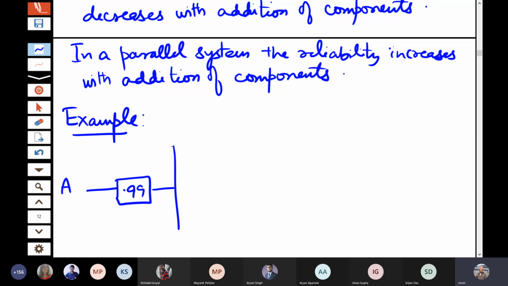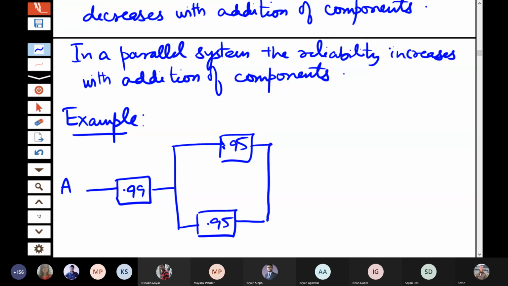Then there are two components connected in parallel, each of them having reliability 0.95, and then you have say 0.96, say 0.92, and say 0.85.